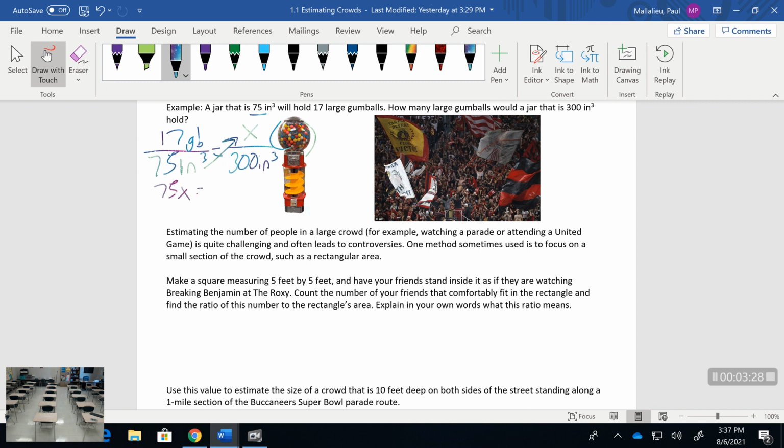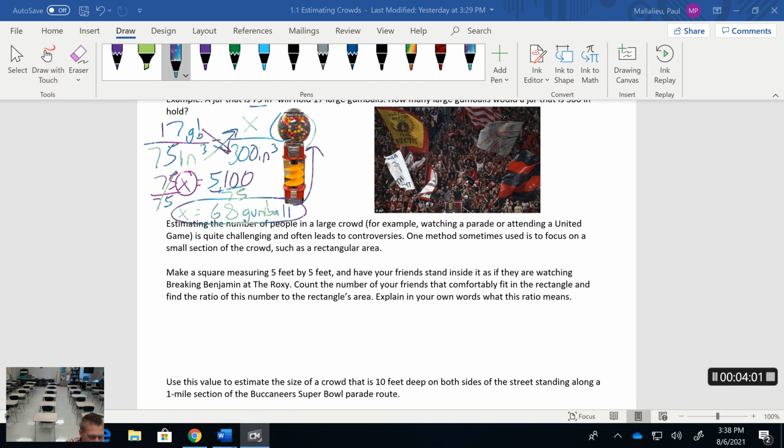We're going to drop the units for now, 75x, and then we cross multiply again. 300 times 17 is going to give us 5,100. Then from way back, you remember, if I want to isolate a variable, I'm going to divide by that number, so that leaves us with x equals 5,100 divided by 75, which is going to be 68. We're talking about gumballs, so that means the larger jar would not only hold 17, it would hold 68.